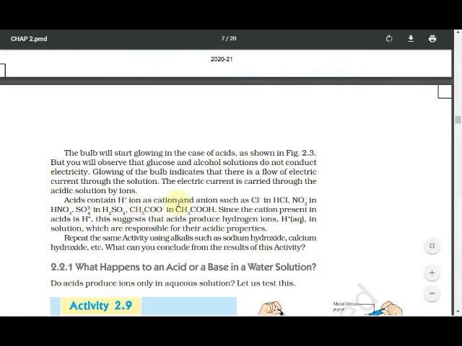Positively charged ions are known as cations and negatively charged ions are known as anions. So Cl is negatively charged, right? It is the anion, and the cation is hydrogen, because hydrogen is a positively charged ion. Understood? So these two ions are formed. Understood?